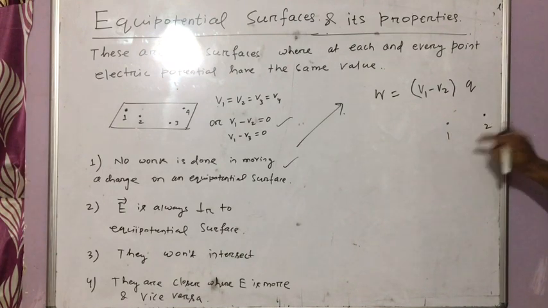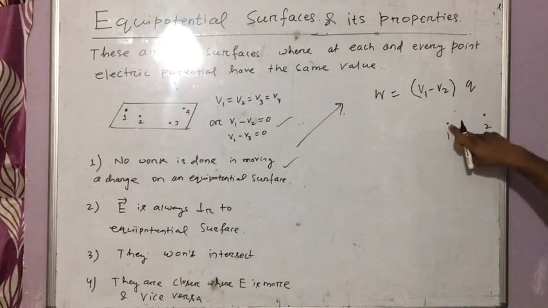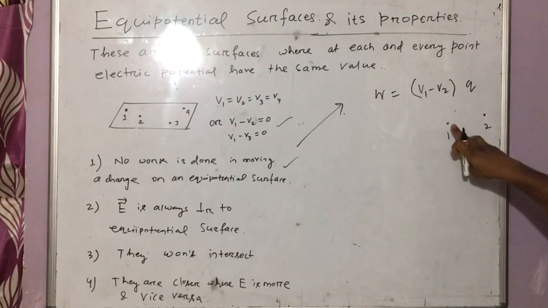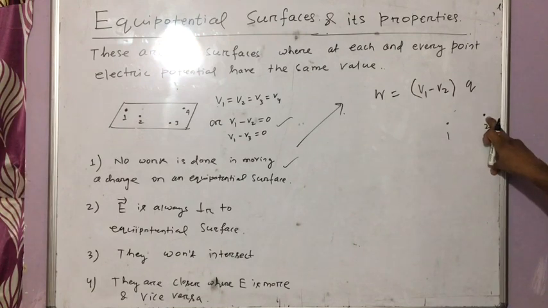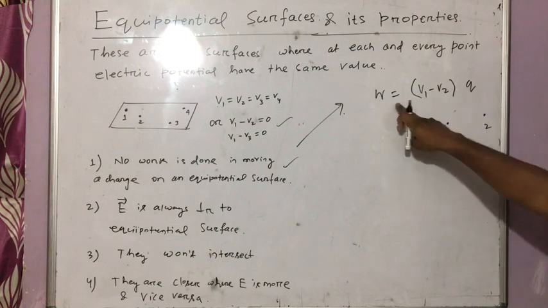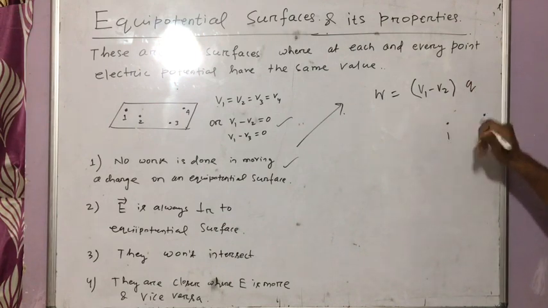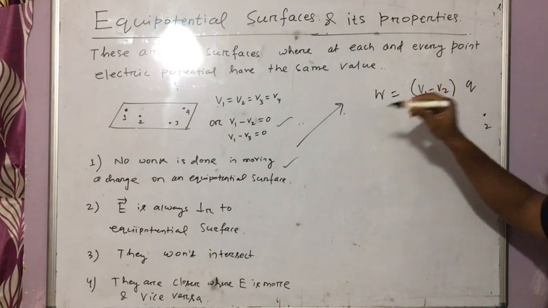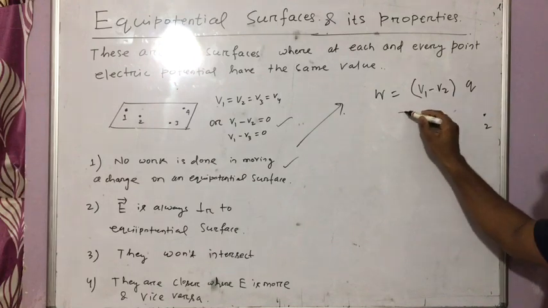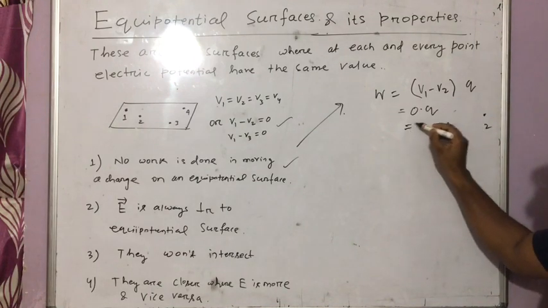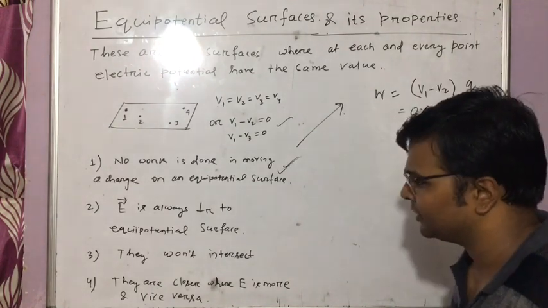So you are taking this charge from 2 to 1. So your work done will be how much? The potential here minus the potential here, meaning V1 minus V2 multiplied with the charge. So W is equal to VQ. Now as these 2 points are located on the equipotential surface, V1 minus V2 is equal to 0. So 0 into Q is equal to 0. So this is the first point.